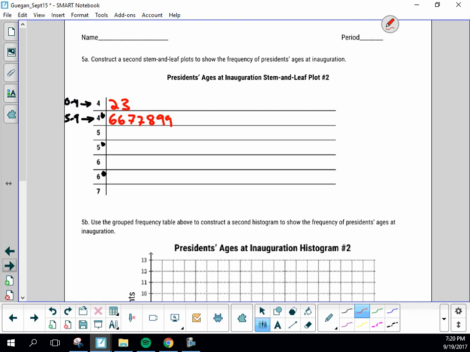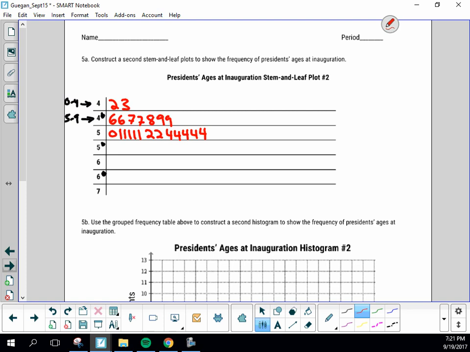Okay? Now we're looking at presidents who were inaugurated in their 50s, but only 50 to 54. That should be 50, 5 51s, 2 52s, and 5 54s.